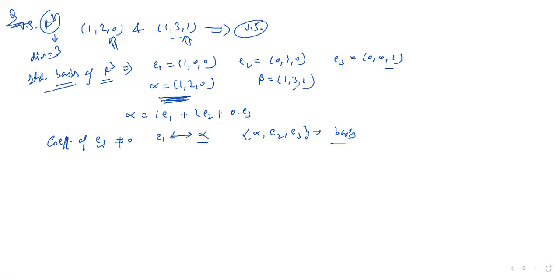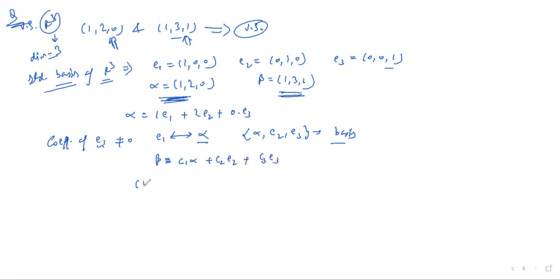And for beta, because alpha and beta are the two vectors which must be contained in the basis, this is the second vector. Beta can be written as a linear combination of this new basis: c1 alpha plus c2 e2 plus c3 e3.